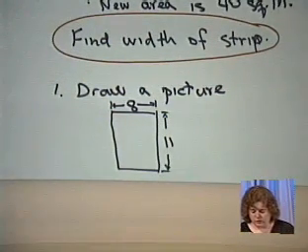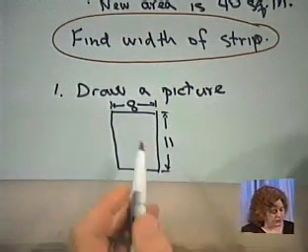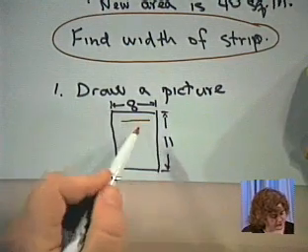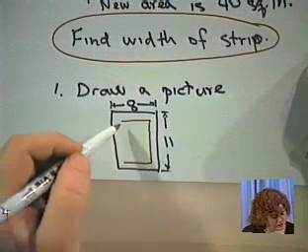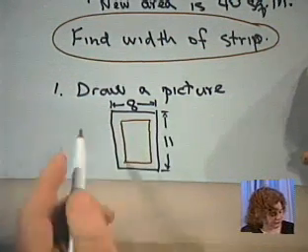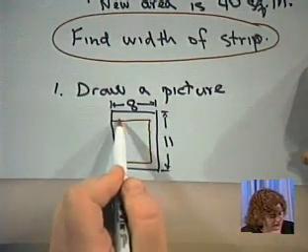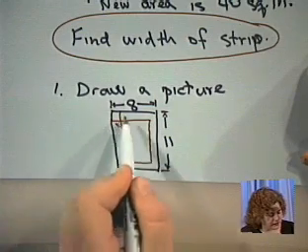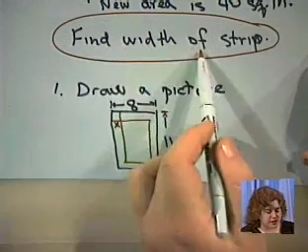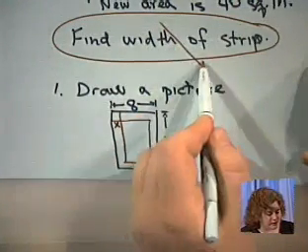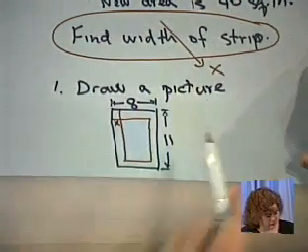We're going to cut around a strip and cut it off for reasons unknown. That strip has the width x all the way around. It's a uniform width, and that's what we're trying to find. So we may as well right away call this x.